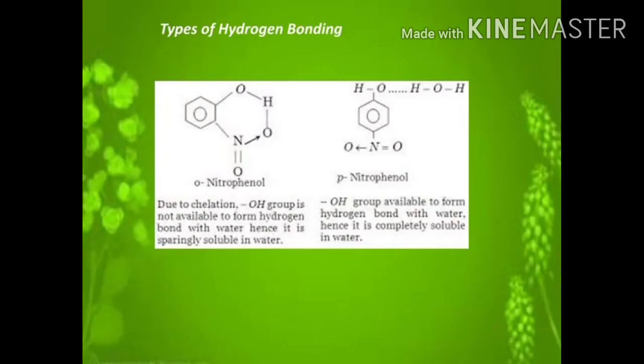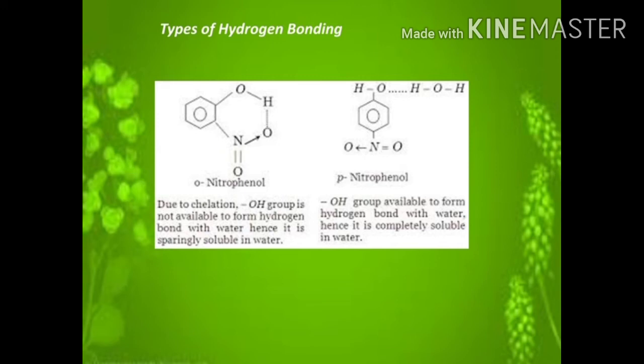Here you see the two compounds. One is orthonitrophenol, another one is paranitrophenol. Orthonitrophenol means two substituents, OH group and NO2 group, occupy the position next to each other.